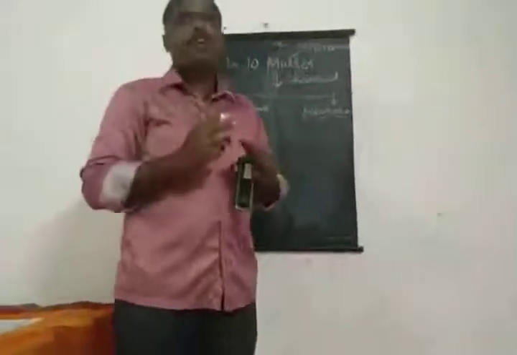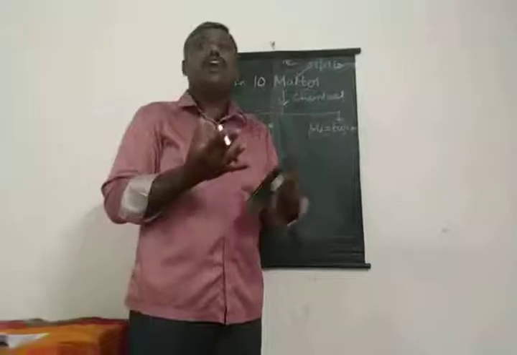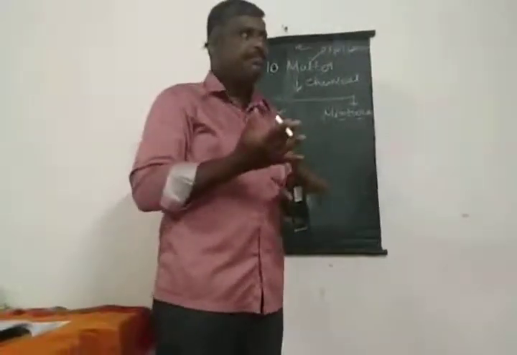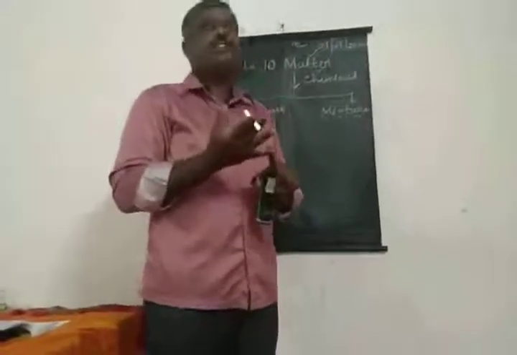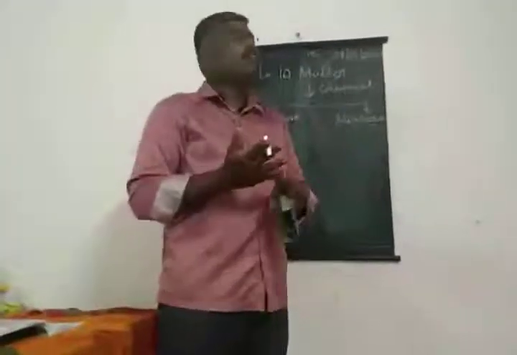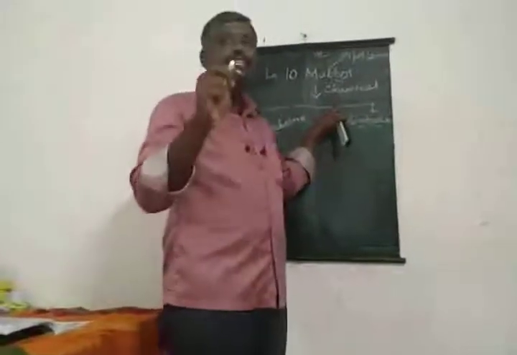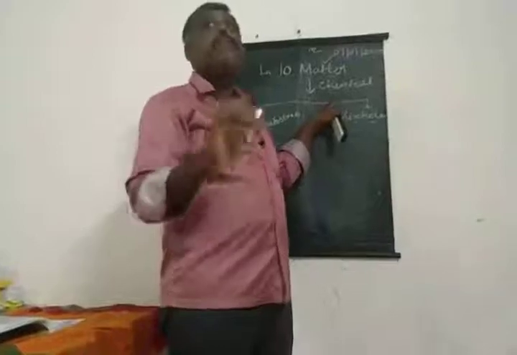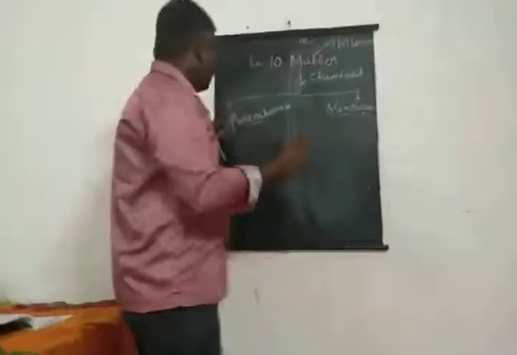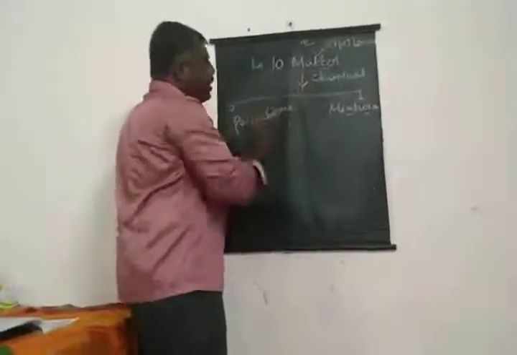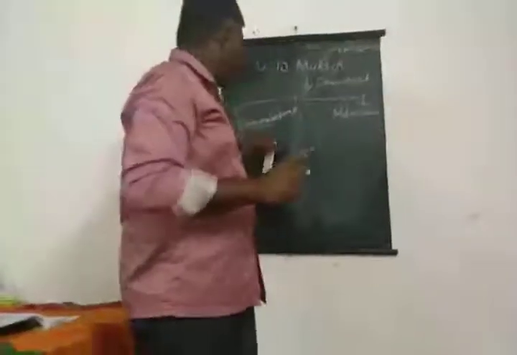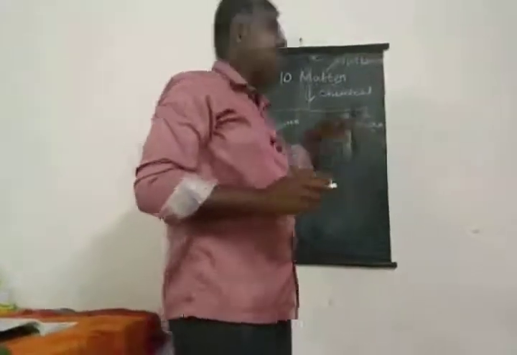If you take an object, what substances are present in that material? What is the nature? How are they combined? All those things we are going to discuss under the heading of chemical composition. So based on their chemical composition, matter can be classified into two types. One is pure substance, another one is mixture.